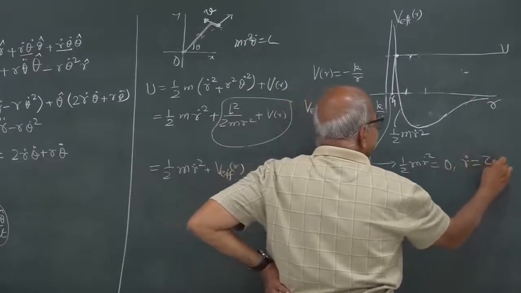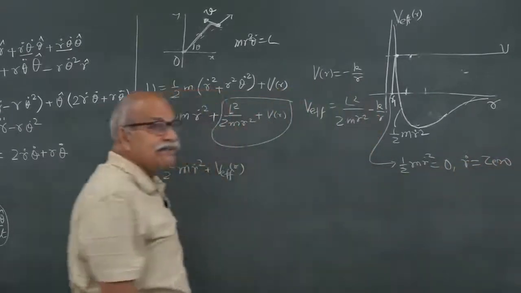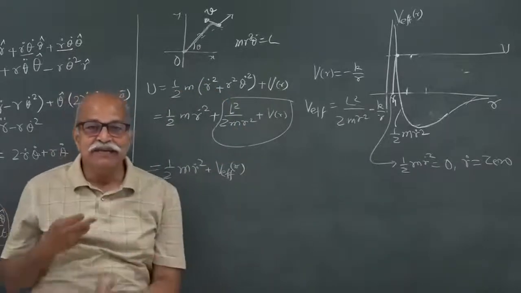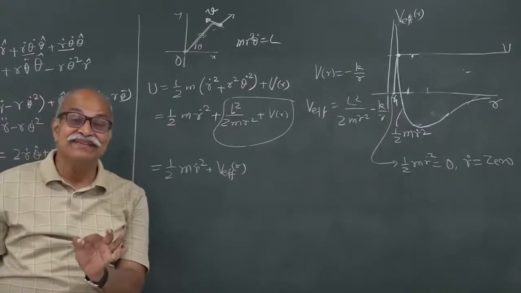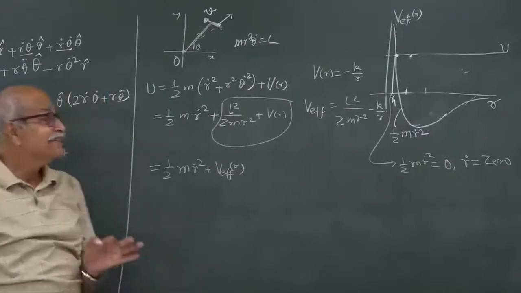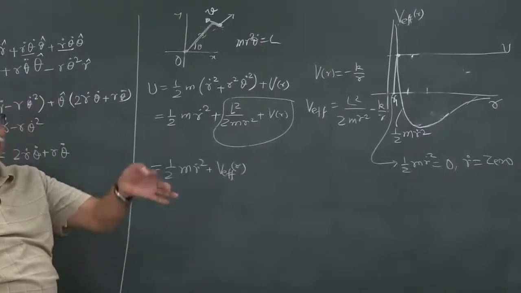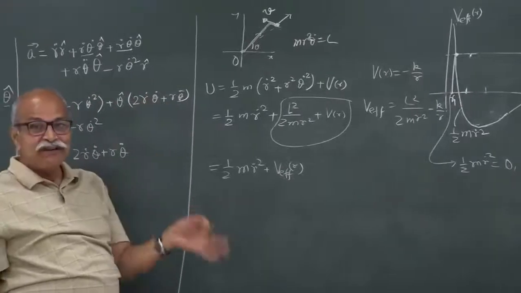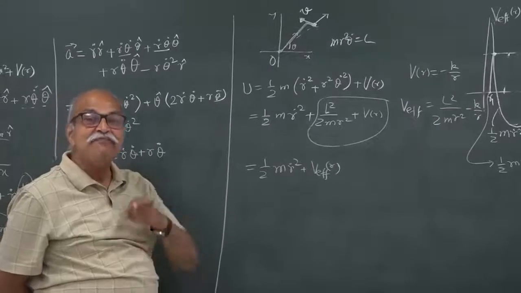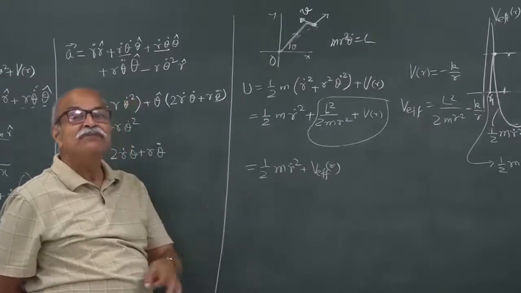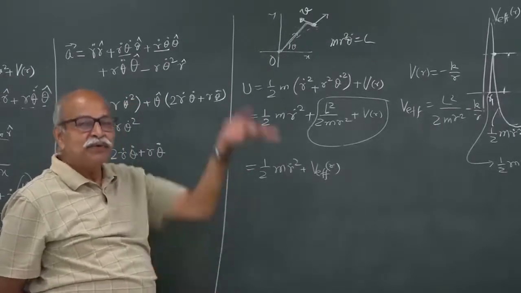What does that mean? That means dr/dt is 0. r is a function of time, and dr/dt 0 means it can be a maximum or a minimum or a point of inflection.